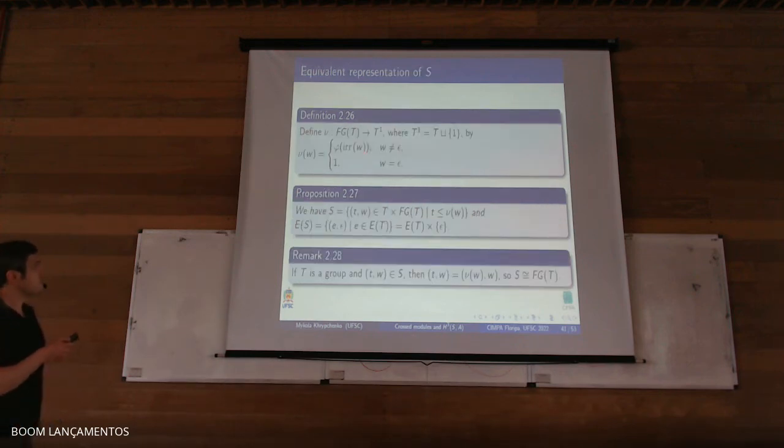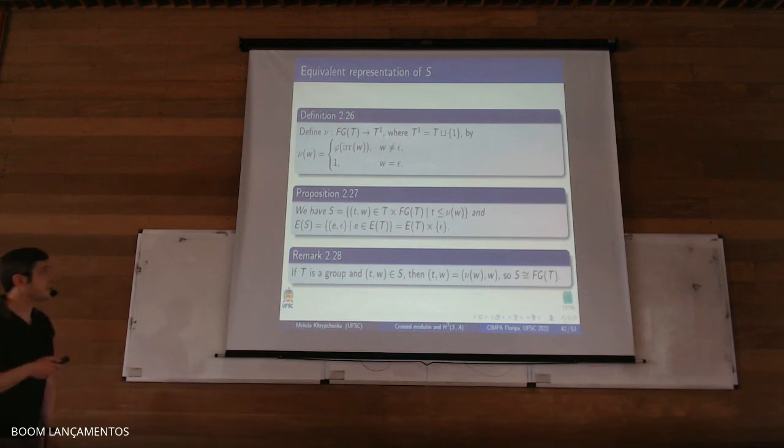Now, given this, you may define nu of W by applying phi. So you make cancellations in your word W, and then you multiply the letters. And this gives you an element of T, but I will also need the image of the identity, which is an empty word. I will send it to 1, which is adjoined here. And I join 1 to my T.